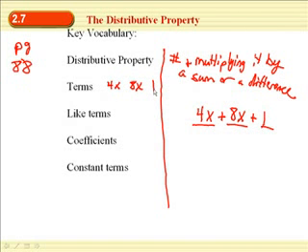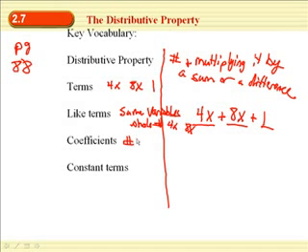And if they happen to have a negative in front of it, it would be negative 4x, or negative 8, or negative 1. Like terms mean they have the same variables, or they are whole numbers. So the like terms in this problem are 4x and 8x, because they both have x's on them.